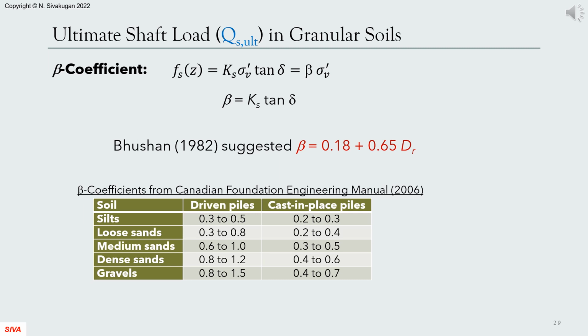The beta values suggested by the Canadian Foundation Engineering Manual, for driven and bored piles, are given here. It can be seen that the beta value of a bored pile is about 50% of that of a driven pile of same diameter in the same granular soil.